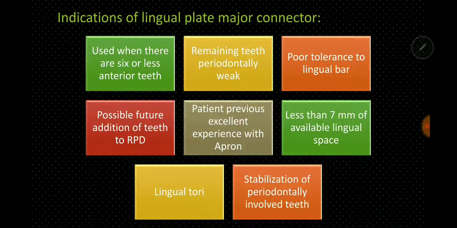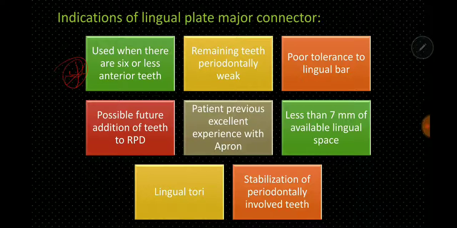The lingual plate major connector is used when there are 6 or fewer anterior teeth, and when the remaining teeth are periodontally weak, and when there is poor tolerance for the lingual bar. So if a patient cannot tolerate a lingual bar, then you need to put a lingual plate as a major connector.